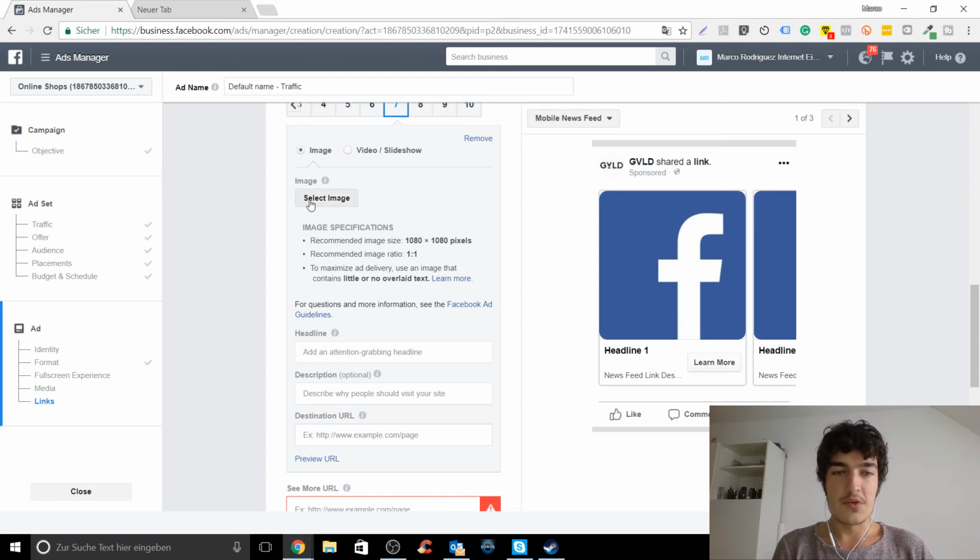You just select the image of your product, make sure that you choose a very good one, put in the headline, the description, the destination URL for each product, because obviously they will be directed to the individual product page.